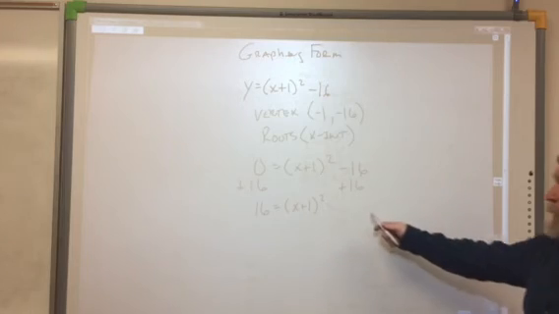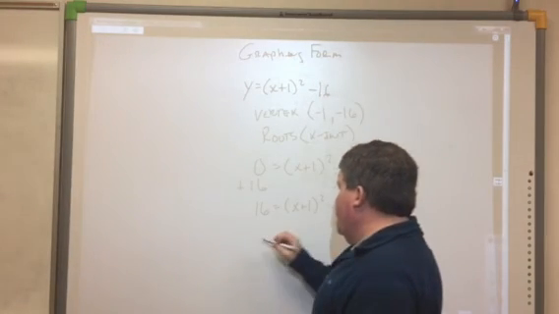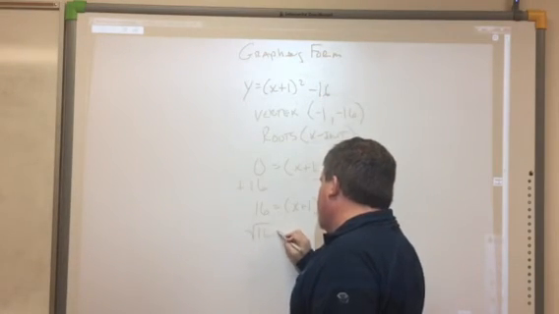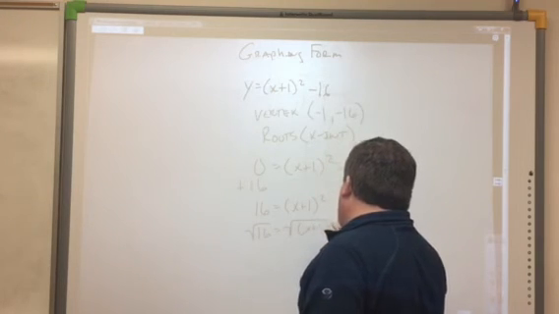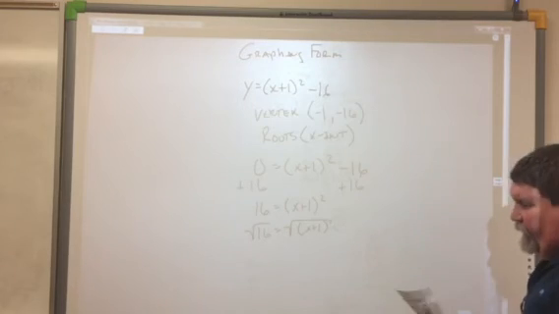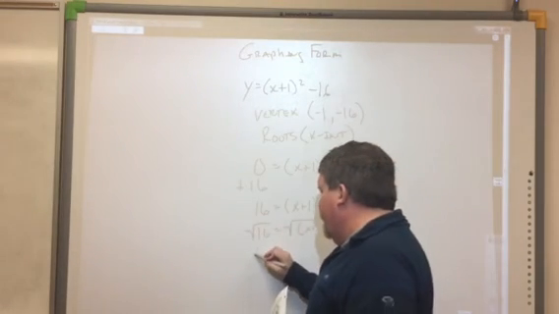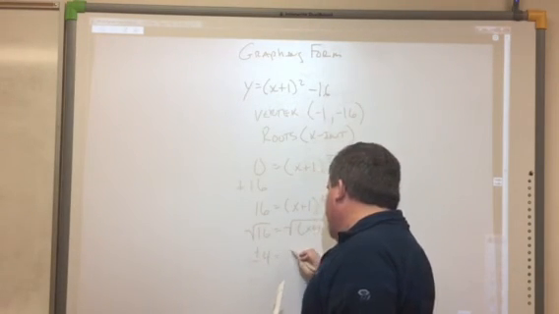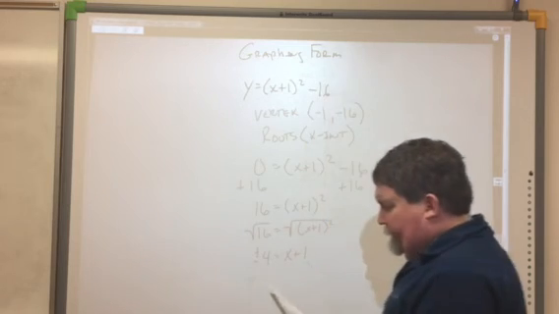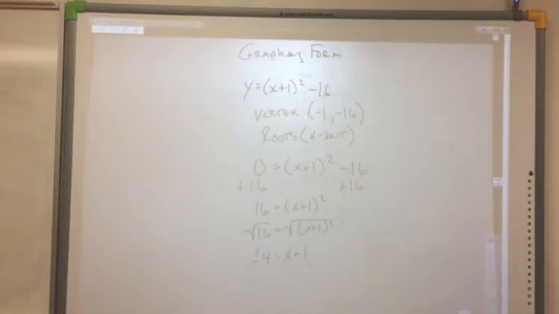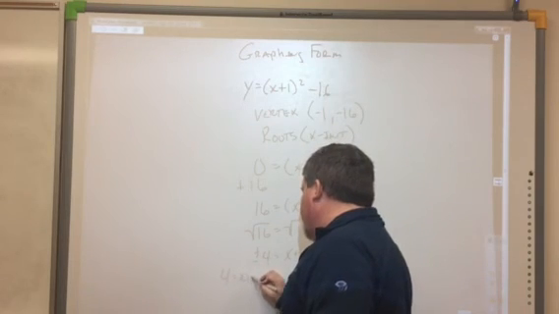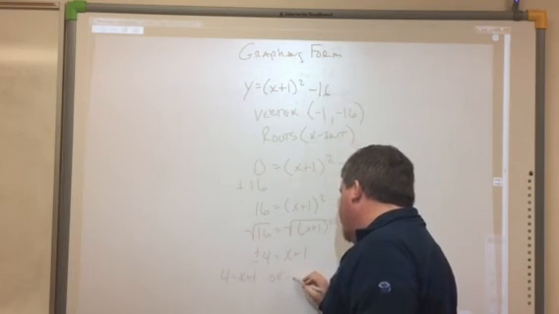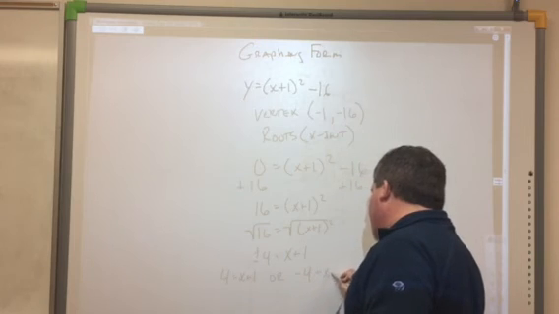The opposite of squaring something is taking the square root of both sides. So what happens here? This becomes positive and negative 4 equals x plus 1. So we set 4 equal to x plus 1, or negative 4 equal to x plus 1.